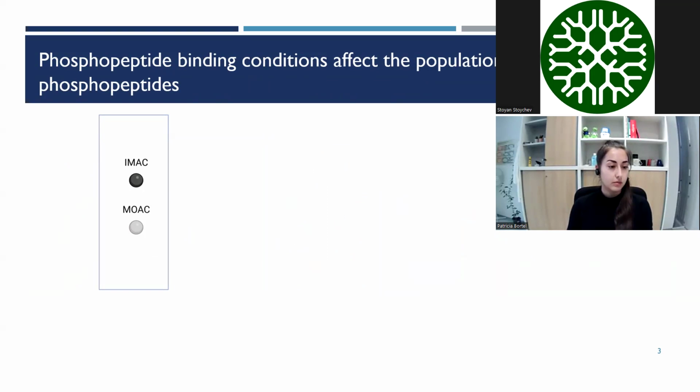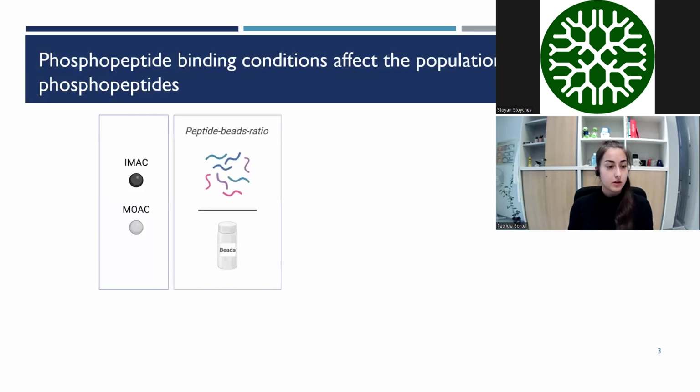So these are the immobilized metal affinity chromatography or the metal oxide affinity chromatography. And both of them usually rely on transition metals such as iron, IMAC, or iron, zirconium, or titanium.